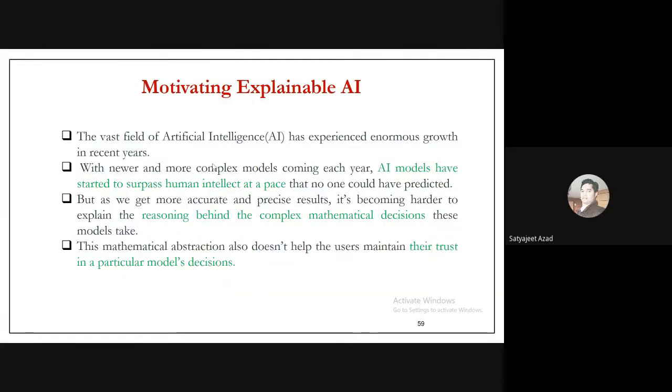So what is basically the motivation behind explainable AI? It's a vast field of AI, and with newer and more complex models coming each year, AI models have started to surpass human intellect at a pace that no one could have predicted. So obviously, AI has more capability.